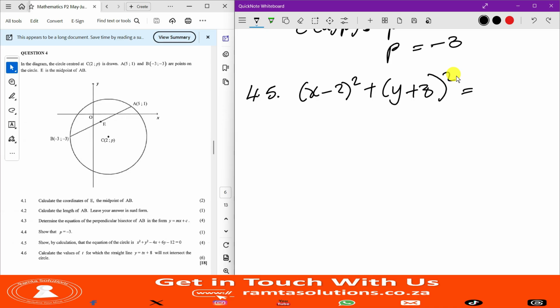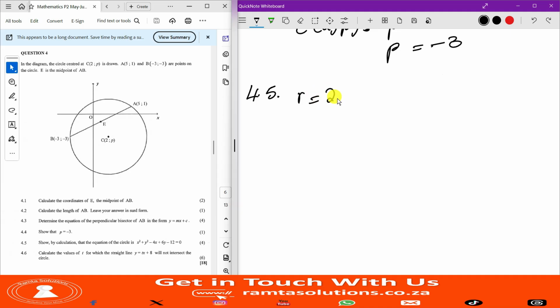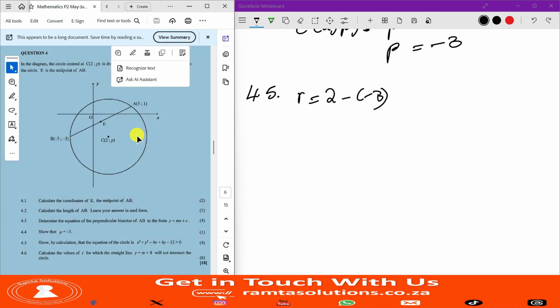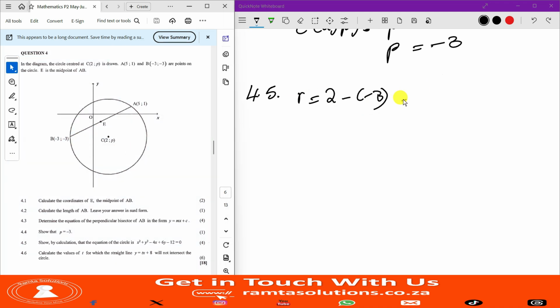Now the question is, what is the radius? Remember this point was 2 and minus 3. The distance from here to here horizontally is 5 units, isn't it? What is r squared? It will be 25.